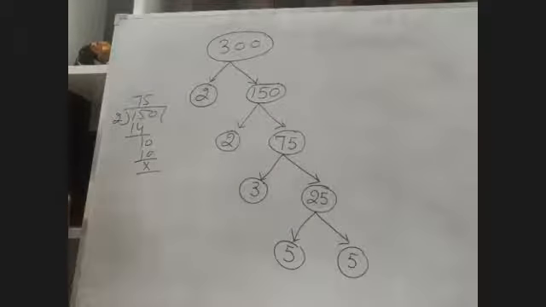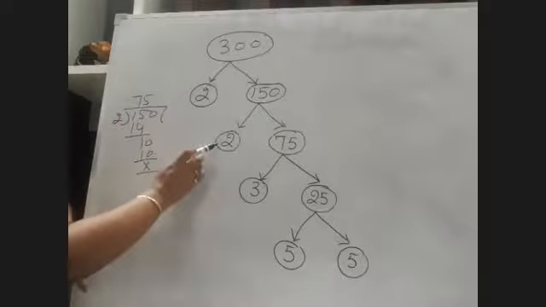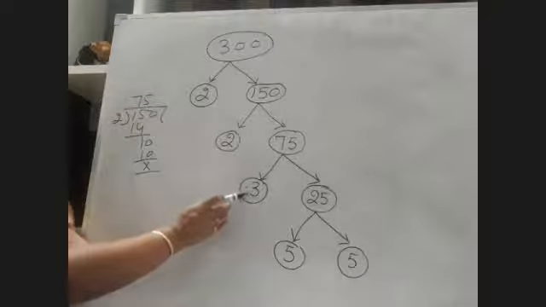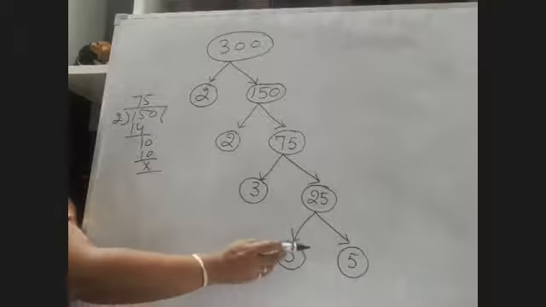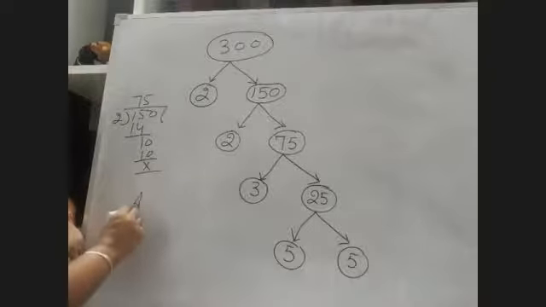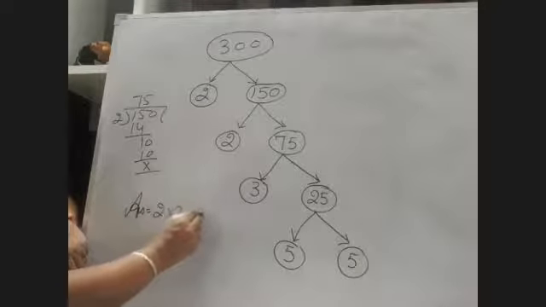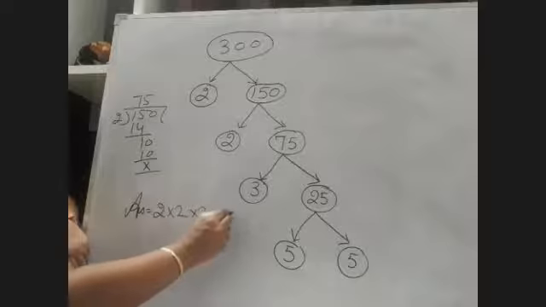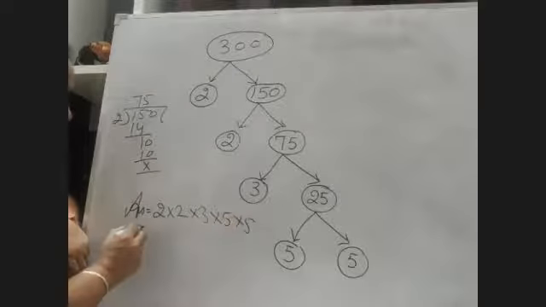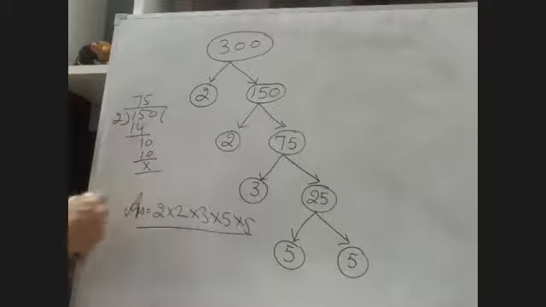Yes, friends. So all prime factors of number 300 are 2 multiply 2 multiply 3 multiply 5 multiply 5. So our answer is 2 multiply 2 multiply 3 multiply 5 multiply 5. These are all prime factors of number 300.